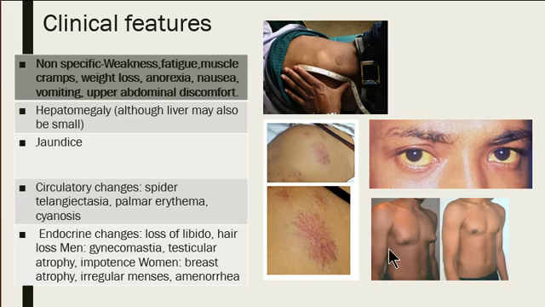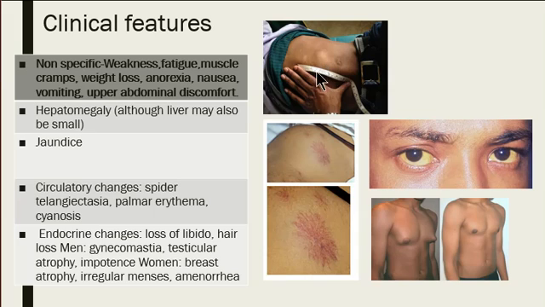This is because of an increase in estradiol, and apart from that, we notice a decrease in male sex hormones which cause loss of libido, hair loss, testicular atrophy, and in some cases infertility or impotence. In women, that would translate to breast atrophy, irregular menses, and amenorrhea, right?